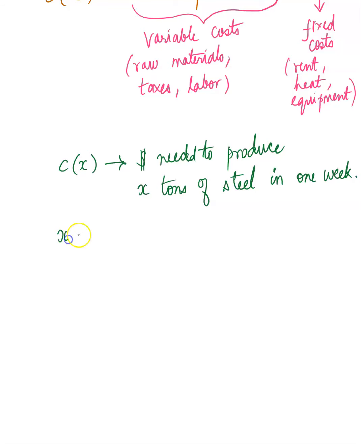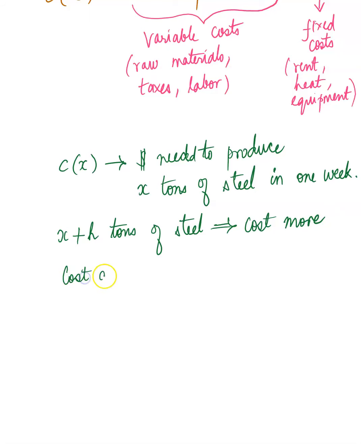So if I were to produce X plus H tons of steel, it implies it's going to cost more. Very clearly, you can see that. And this is per week. Okay. So if I want to find the cost difference, what is the cost difference in what I produce regularly each week versus extra or additional tons that I have to produce each week?